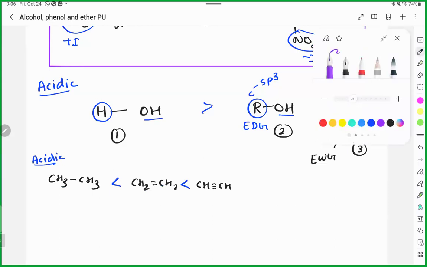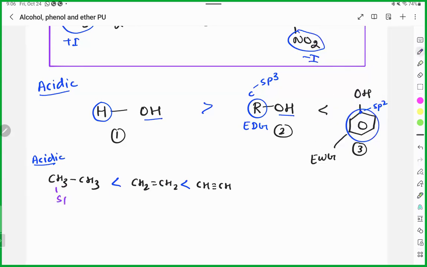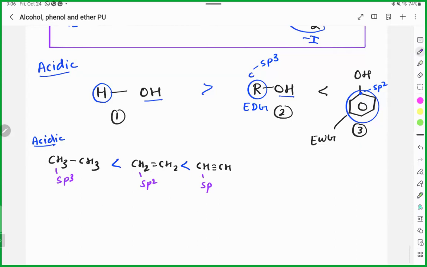Here in the first situation you have sp3, sp2, and sp. Got it? Yes, sir. So it is an electron withdrawing group. That's why phenol has maximum acidity, even compared to water. So if you have to compare, it will be third maximum, then first, then second.